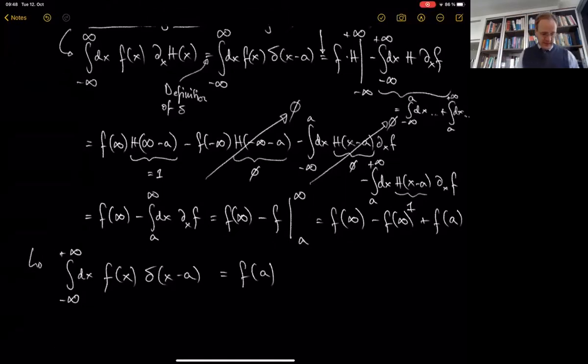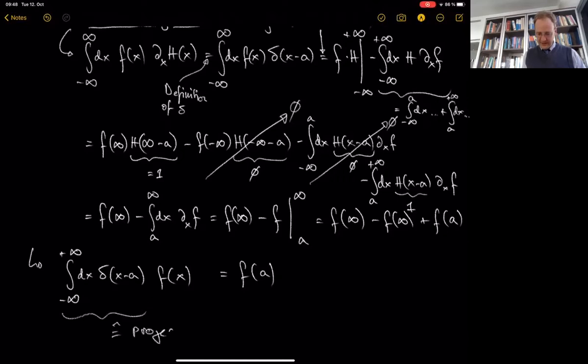This you can, of course, write with the order changed: delta of x minus a times f of x. Now this really looks like a projection operator or some integral operator.